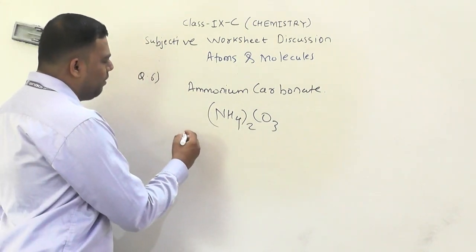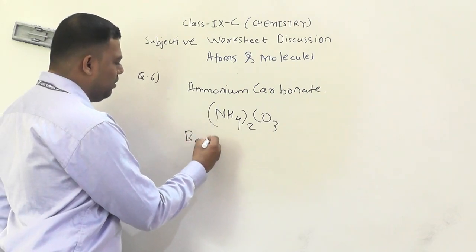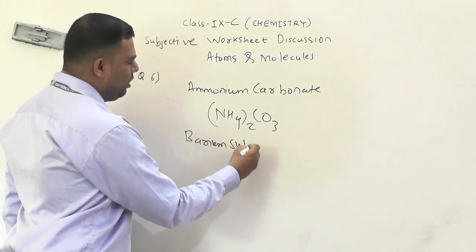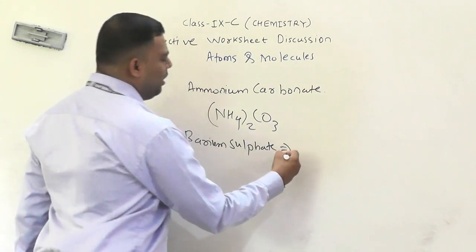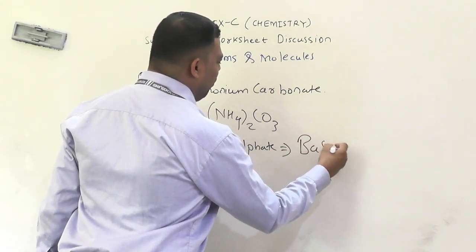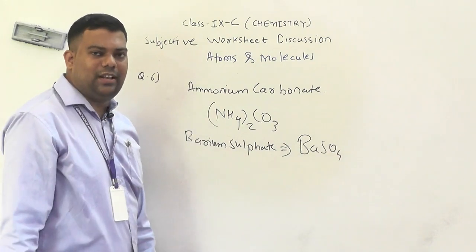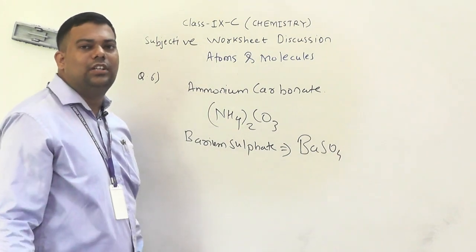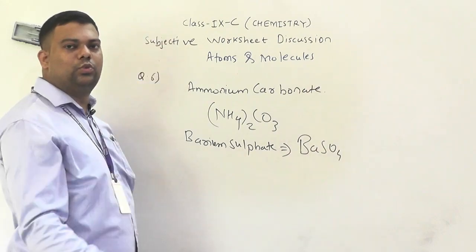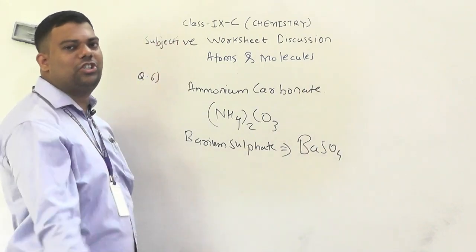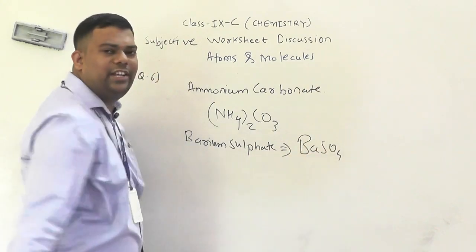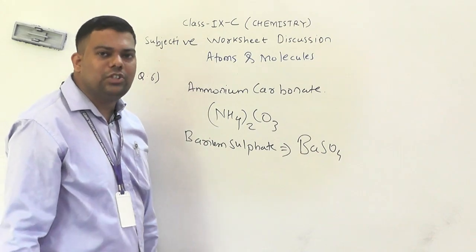Barium sulfate. So barium sulfate is BaSO4, because as you know barium is an alkaline earth metal. In alkaline earth metals, you get a plus 2 charge, or we can say oxidation number. And as you know, sulfate is SO4 2 minus.